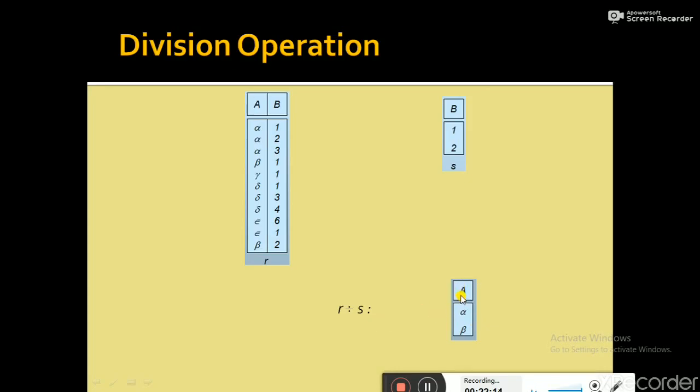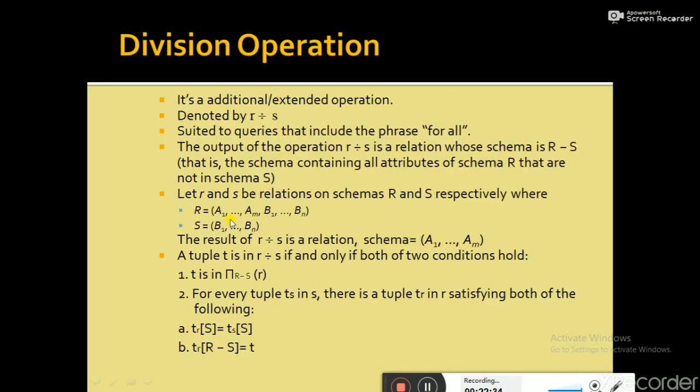It should contain the attributes which are present in R but not present in S. Attribute A is present in R but not in S, so A will be there, but attribute B is present in R and also present in S, so B is not going to be here. This is the formal way to represent the schema. Already I have mentioned that.